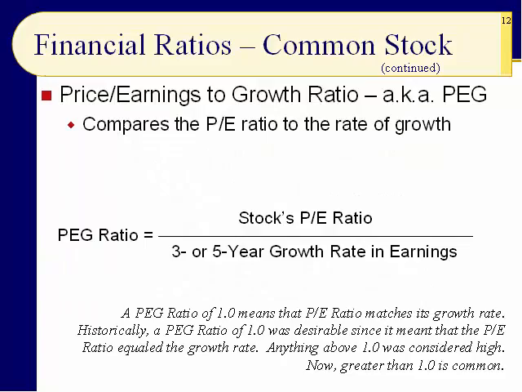Slide number 12. Price-to-earnings growth ratio. This one you don't hear too much about, which is sad because it's kind of important in that it compares the PE ratio to its rate of growth. It used to be that the company's growth rate was what warranted a higher PE ratio.